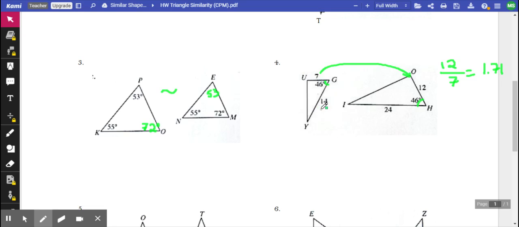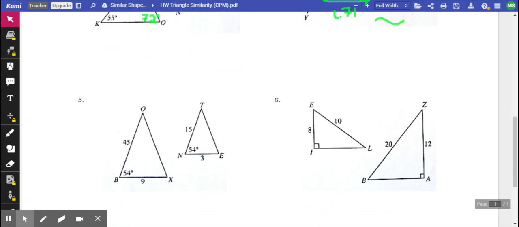And so let's check to see if this is the same scale factor. So if I do 24 divided by 14, that also equals 1.71. So we know that their scale factor is the same, and we have another angle to kind of lock them both into place. So we know that these two triangles in number 4 are similar.